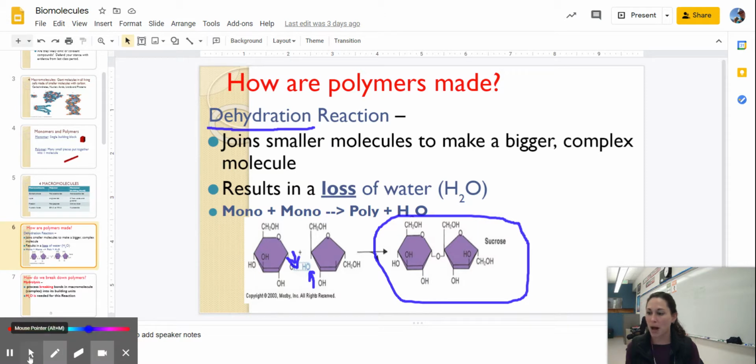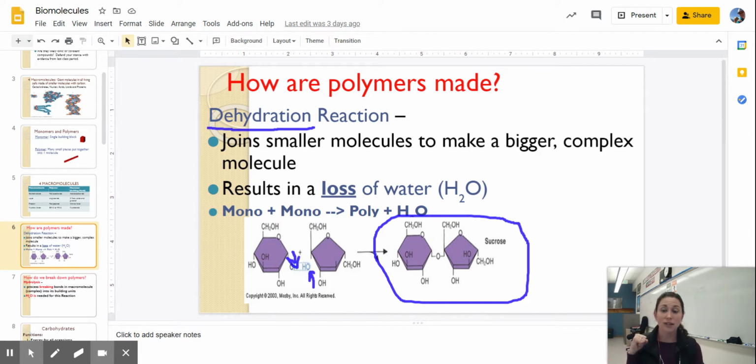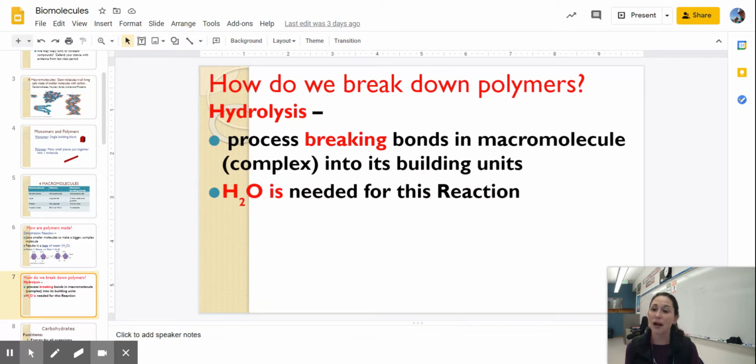But we'll also take polymers and break them down. So if we had to take water out to put monomers together, what do you think we have to add to break a polymer apart? If you answered water, that's absolutely right. The process of taking a big molecule, a polymer, and breaking it down, we might also call this digestion, is called hydrolysis.